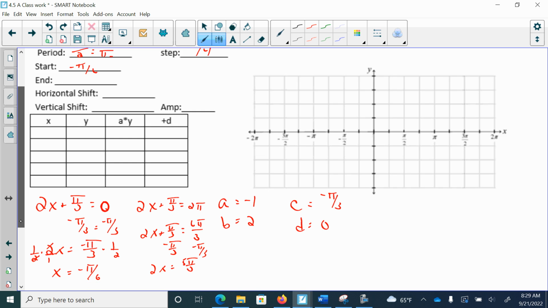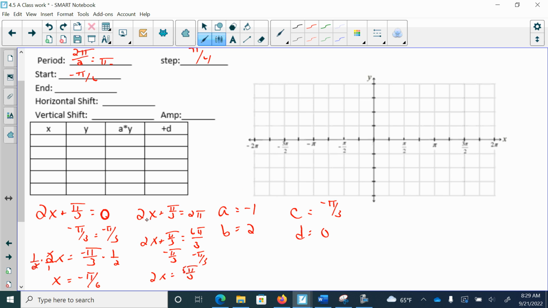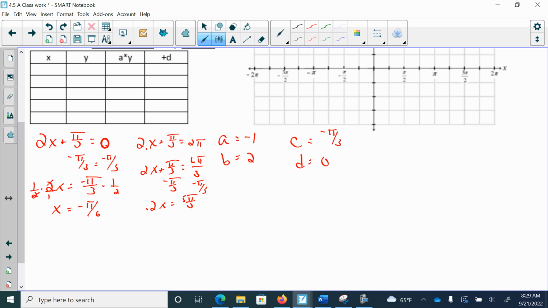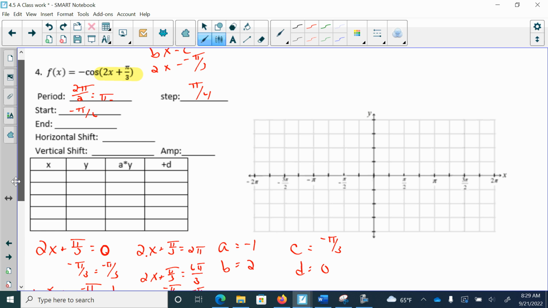Then to solve for x, I'm going to multiply by 1/2 instead of dividing by 2, and I get x is equal to 5 pi over 6.